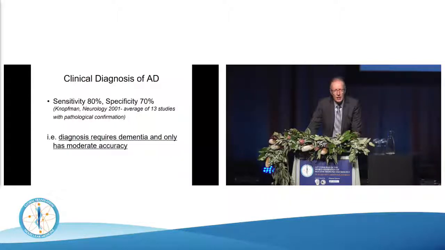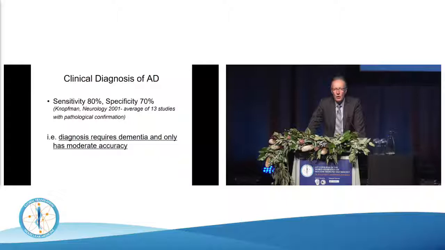Why? Because clinical diagnosis of Alzheimer's disease without support from biomarkers is not that sensitive nor specific when compared to post-mortem diagnosis. So really the specificity is only 70%. So 20 to 30% of the people in the community who've been told they have Alzheimer's disease don't actually have it.